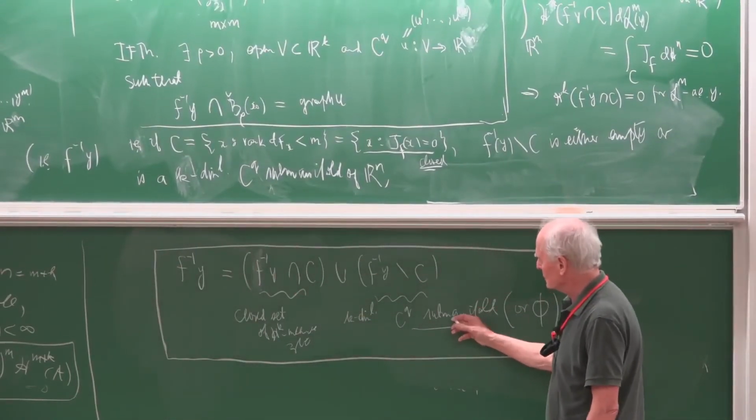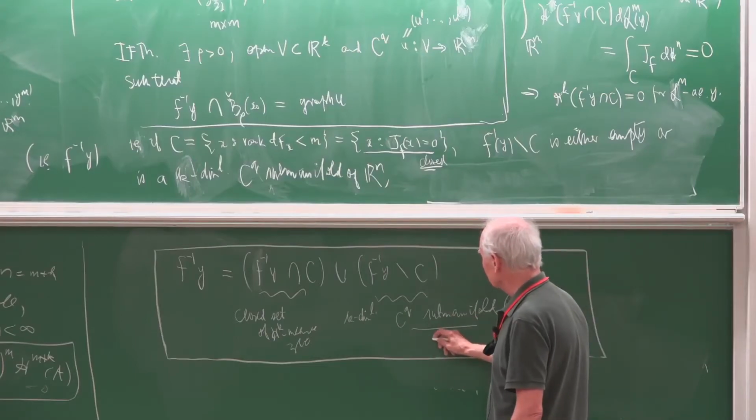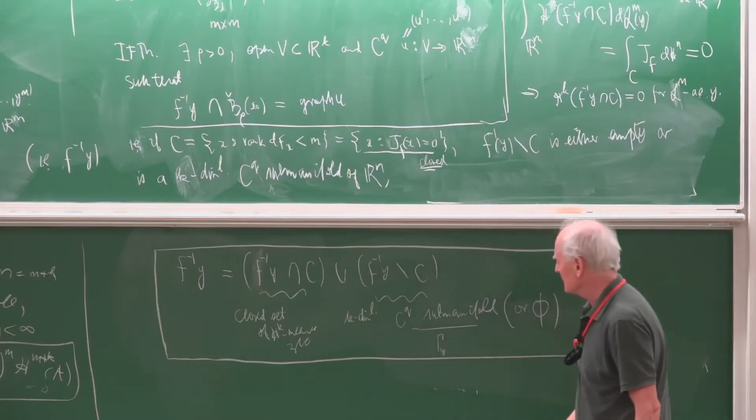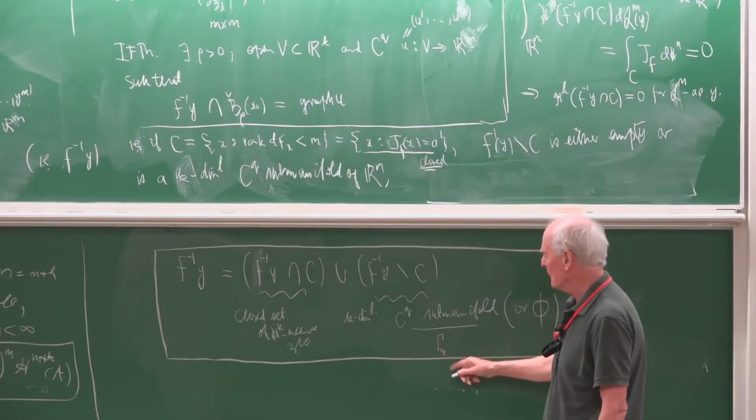See this C^q submanifold? We could call this gamma of y, a K-dimensional C^q submanifold.